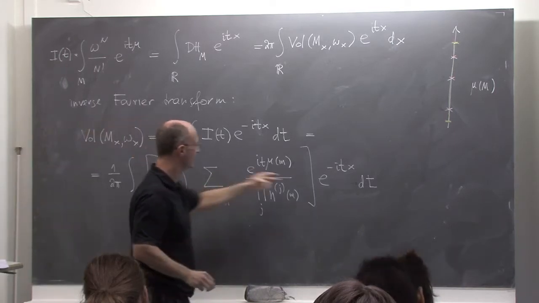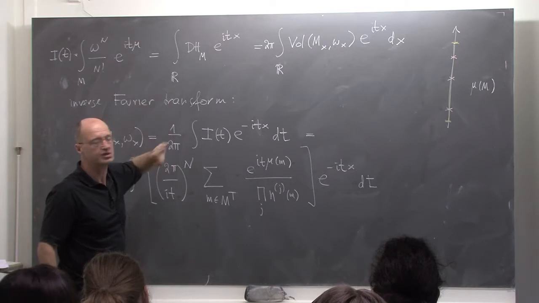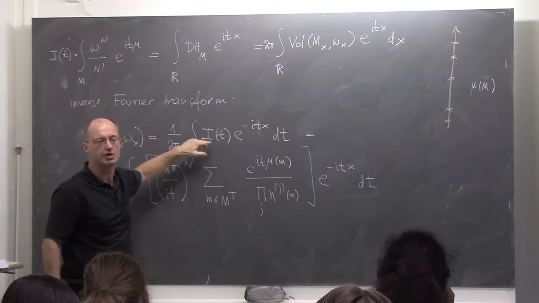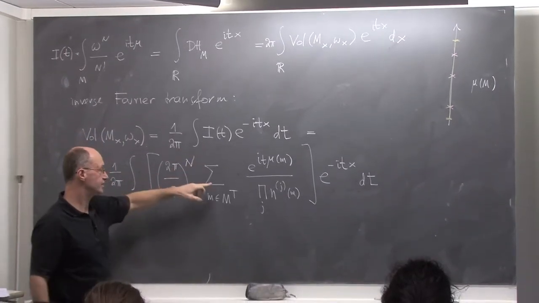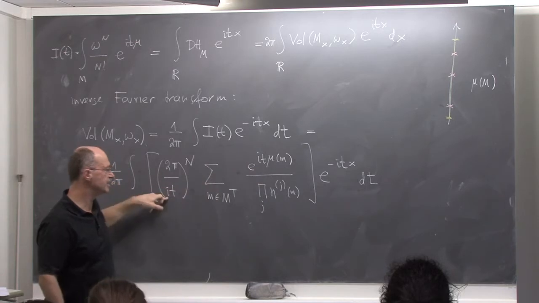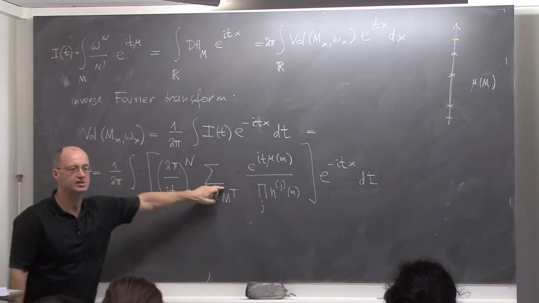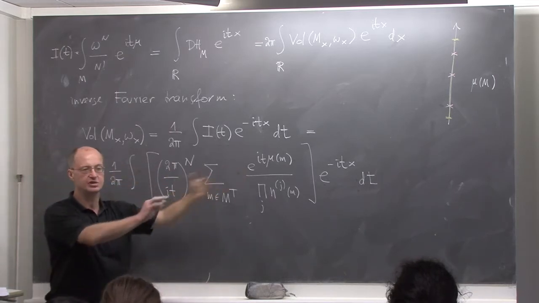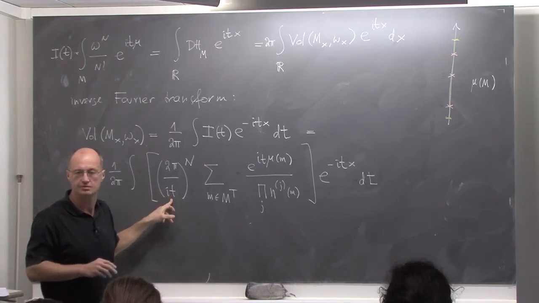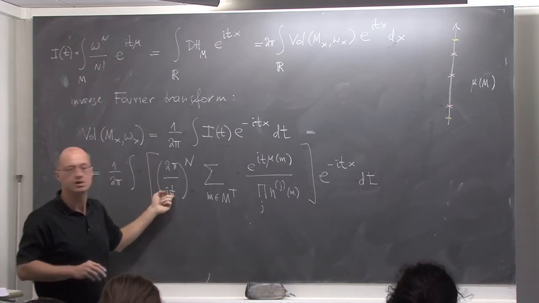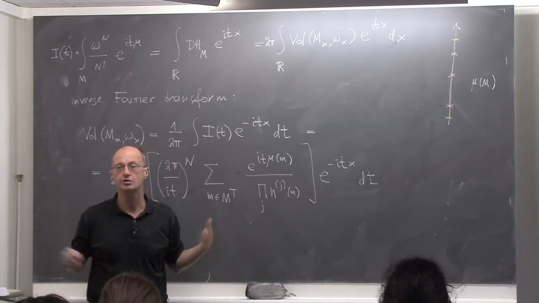Now, notice, this I of t is a reasonably nice function, so this inverse Fourier transform is well defined. However, now we represent I of t as a sum of relatively nasty contributions. So we cannot so easily exchange this finite sum with the integral, because once we take the sum apart, the corresponding functions will have some poles, and we don't know what to do with them because they're exactly on the integration contour.